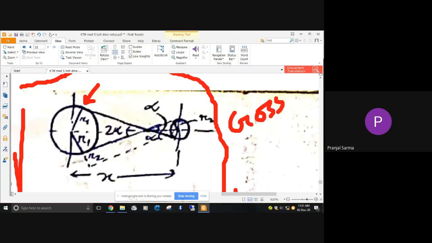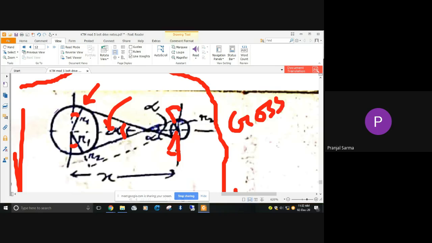If you recall the diagram we drew for the length of the belt, this total angle is 2 alpha, and this angle as well as this angle is alpha. Similarly here, this is alpha, and this way also this is alpha.